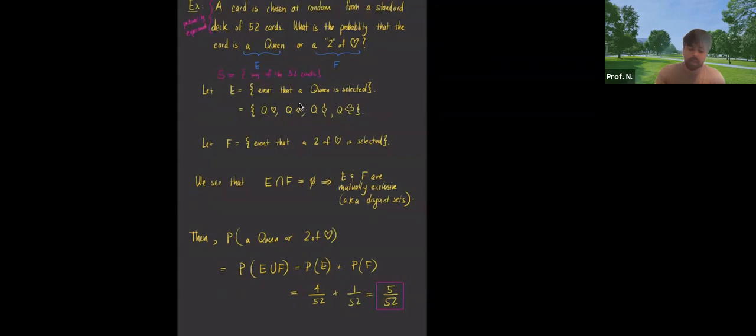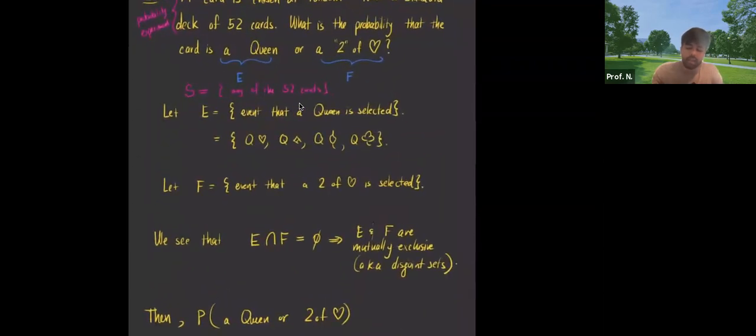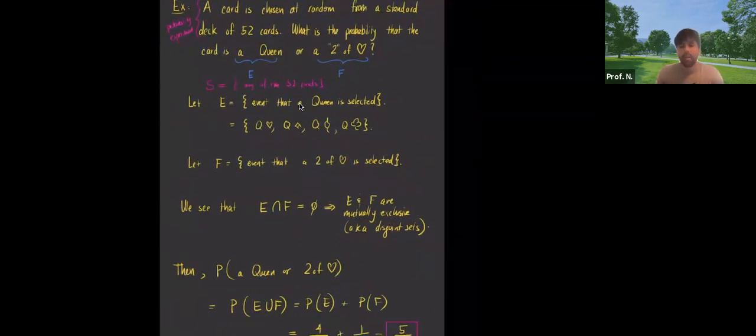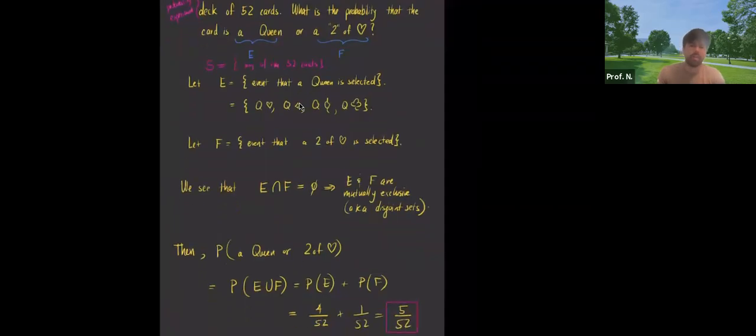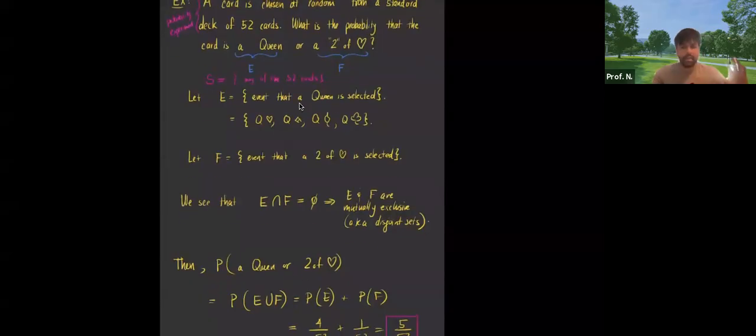That would be the probability of having a queen or a two of hearts when I select one card at random from a 52 card deck. Of course, this is a simple case of what we call mutually exclusive. Is that clear?